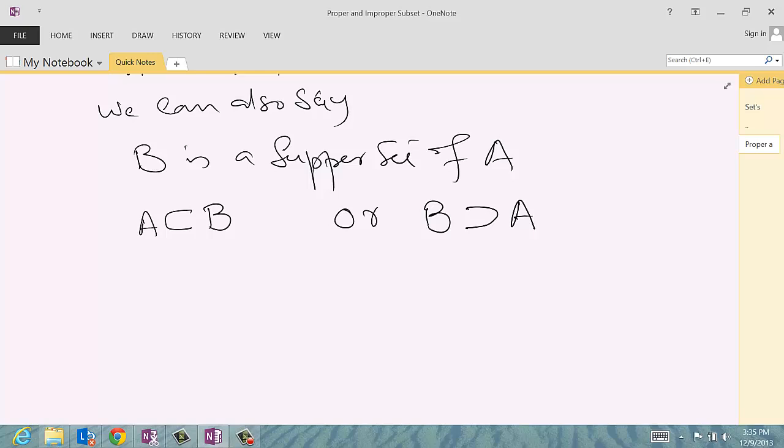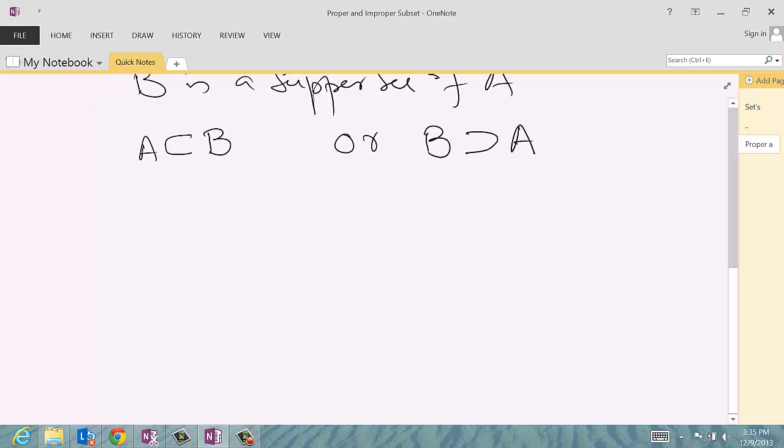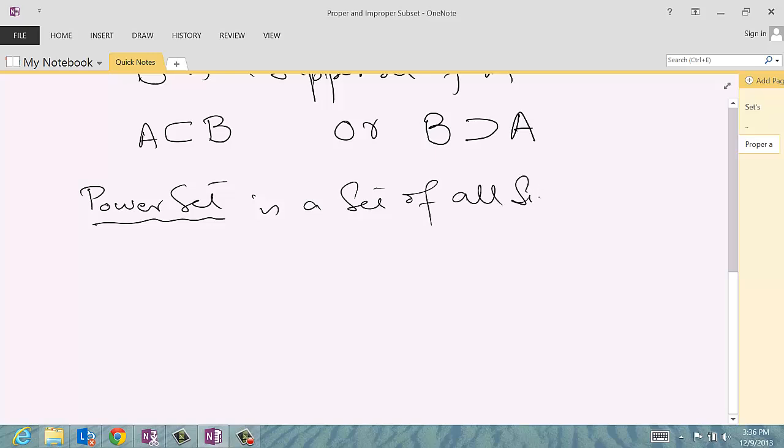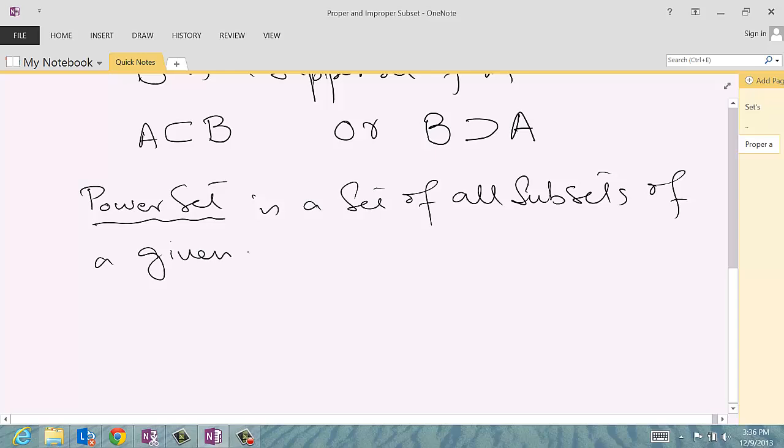And next is power set. Okay, what is power set? Power set is a set of all subsets of a given set.